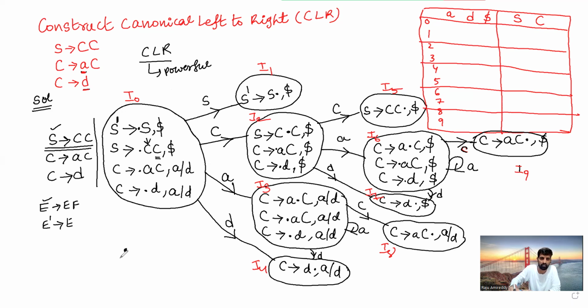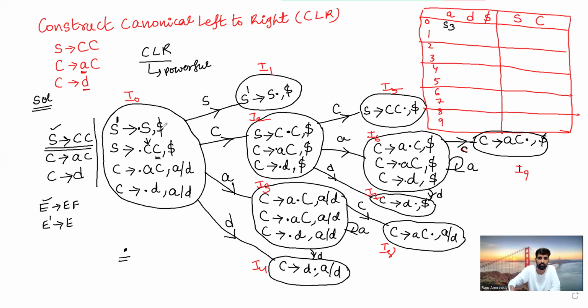When you observe dollar at the dot at the end, that is called a final move. A dot C is there, dot AC is there, dot D is there, so it is not a final move. When you find it is not a final move, it is also called shift. So when I0 is small a, go to I3. This is called S3.